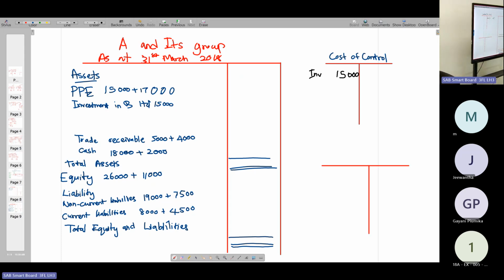This is the debit. Where to credit? Investments.